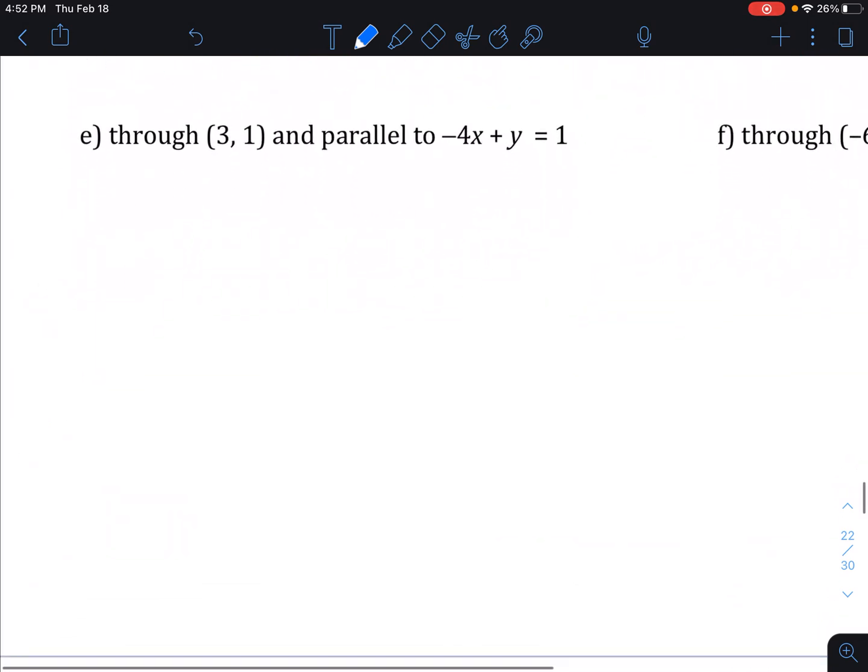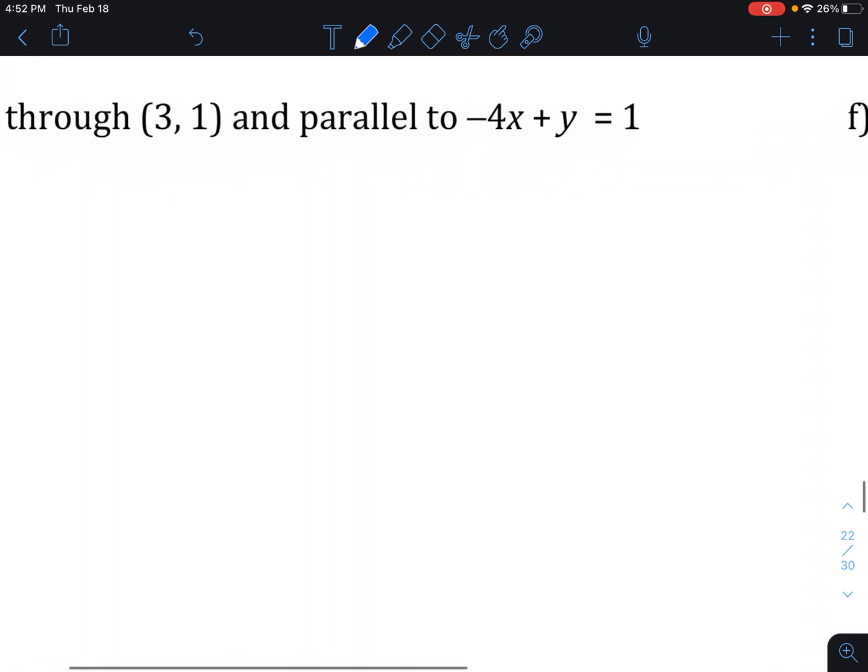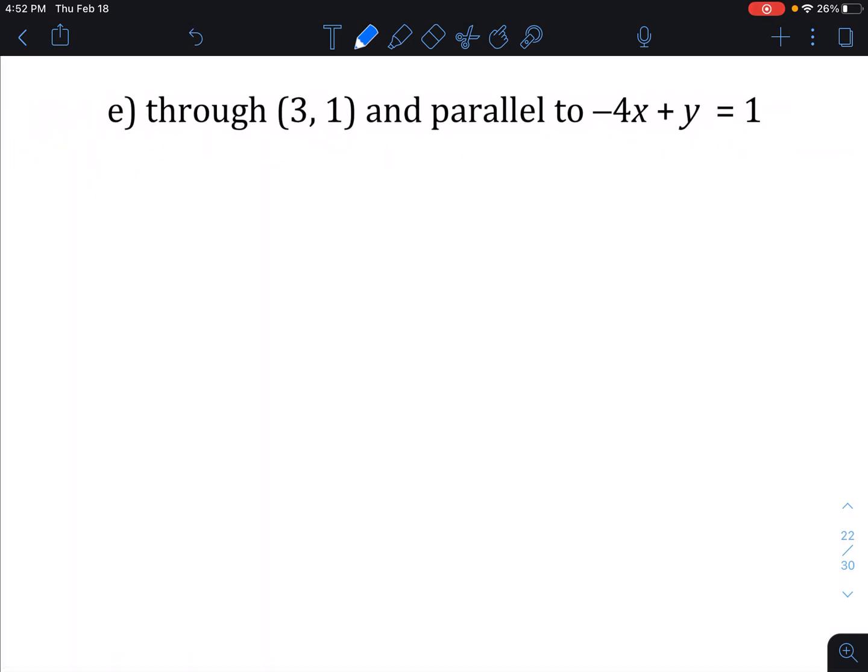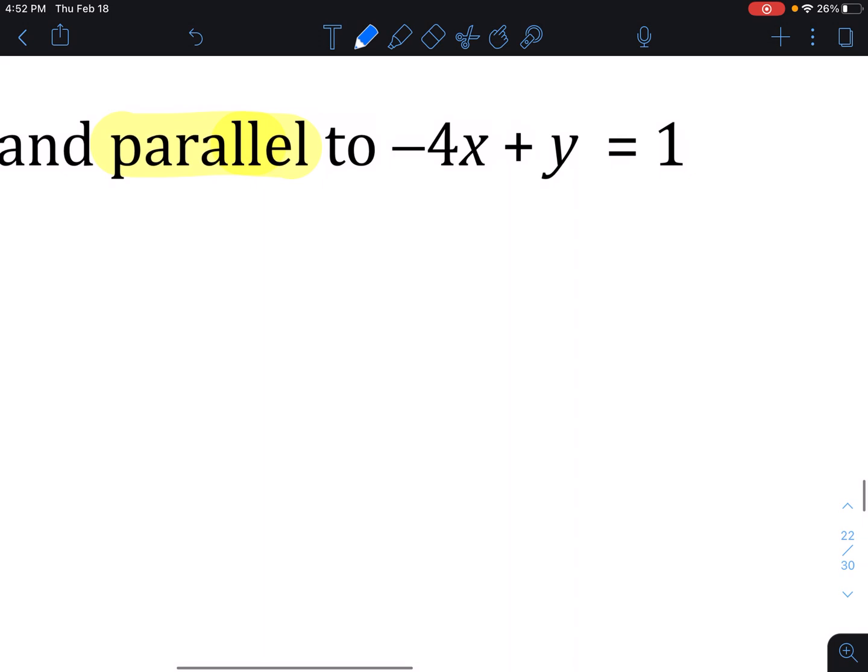Okay, letter E throws a little curveball at us. So we are going through the point 3, 1, and it does say parallel to the equation that's showing. What is the slope in that equation? It's kind of a trick question I just asked you. We don't know yet.